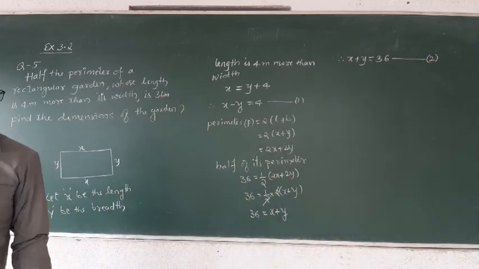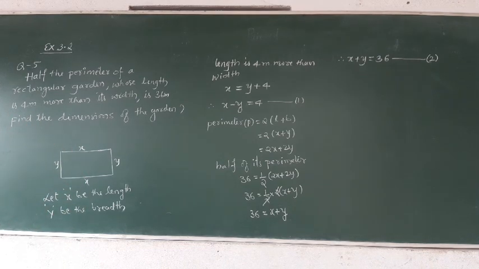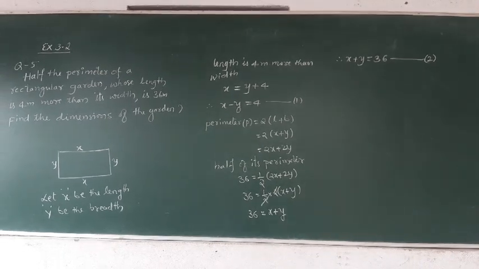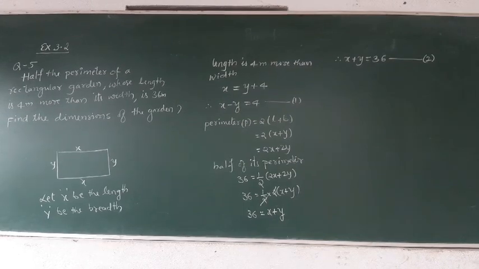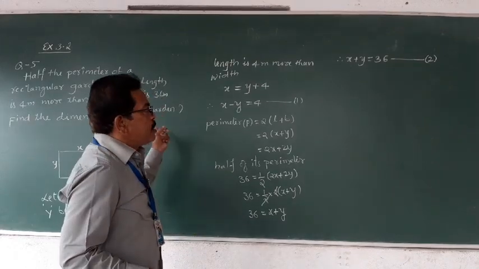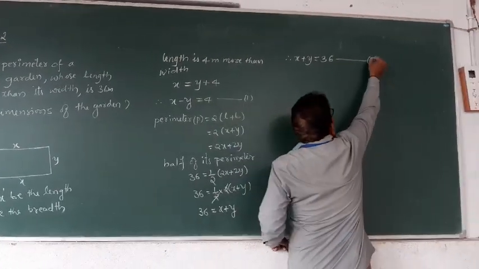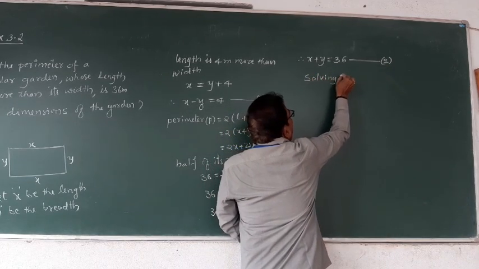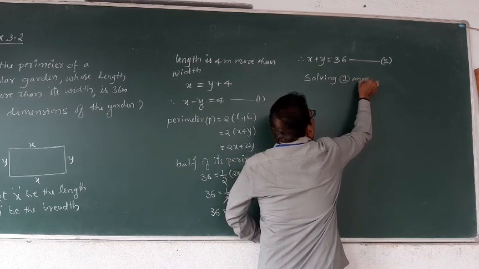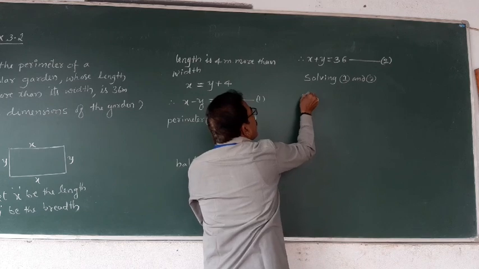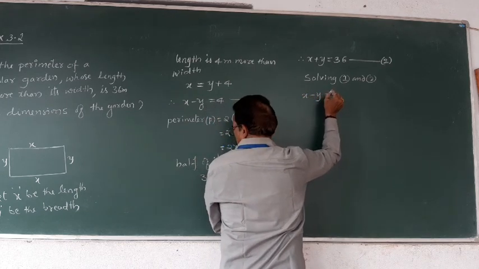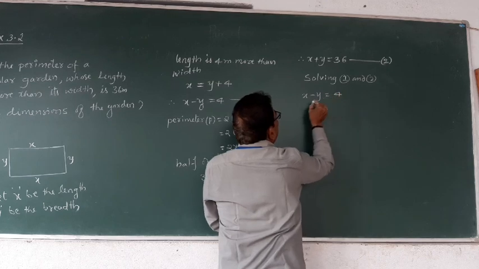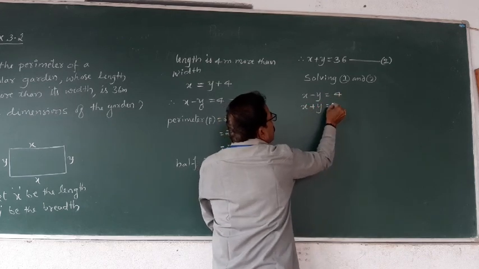See the solution, in what form we have solved. Solving 1 and 2: x minus y equals 4, the first one, and x plus y equals 36.